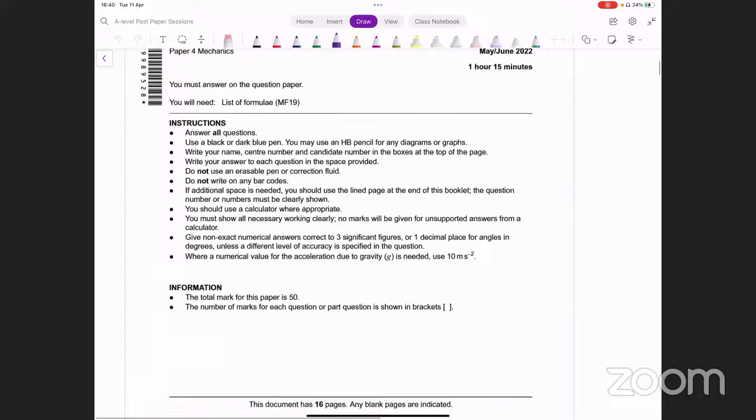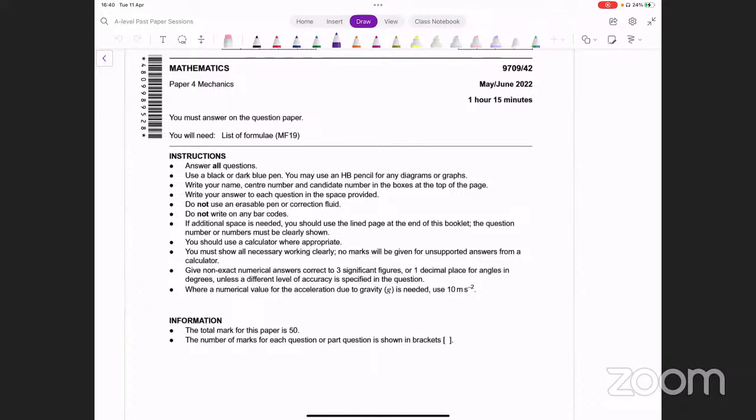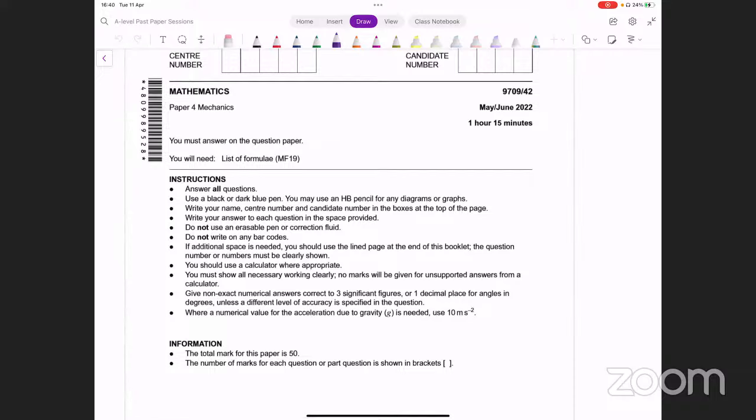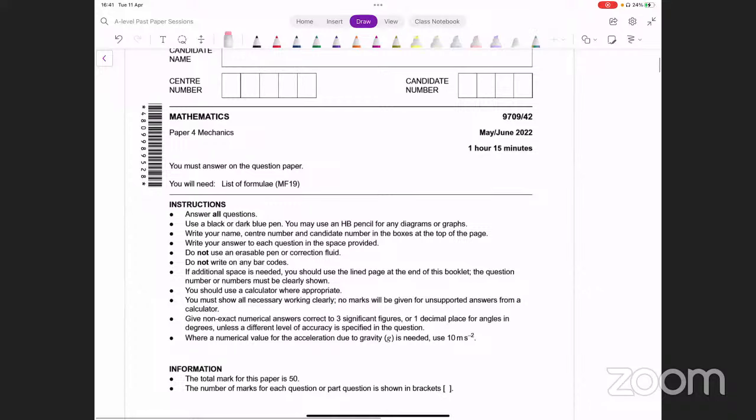So I will not be going through all of these instructions every time. I've gone through these in that one video once, as in how you need to basically follow these instructions: significant figures, 1 decimal place for angles and degrees, and the other instructions that you have. So I would be assuming that you already know about that stuff, and I'll go right into the actual questions.